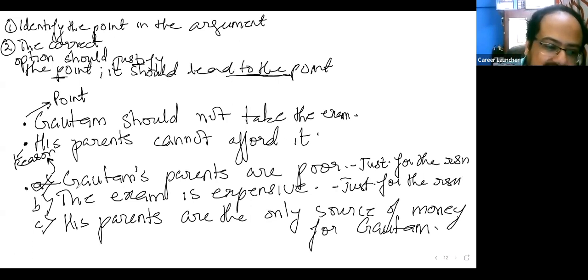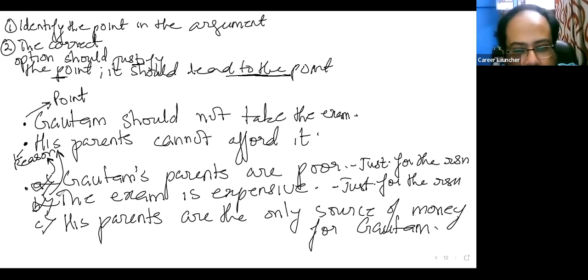That is why his parents cannot afford it. So option B also cannot be the assumption. I hope all of you are clear that options A and B are both justifying the reason. That is not what we are looking for. We are looking to justify the point.